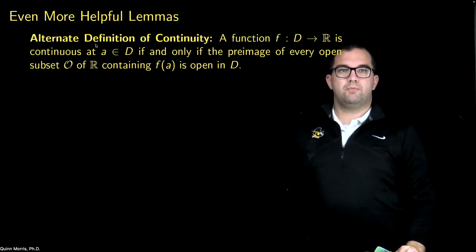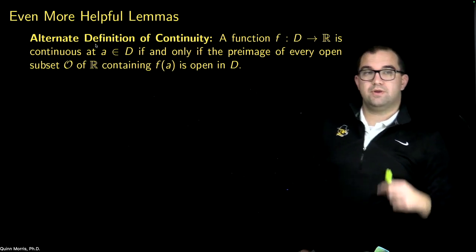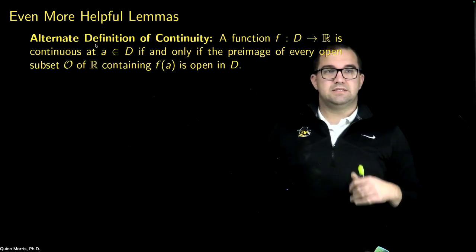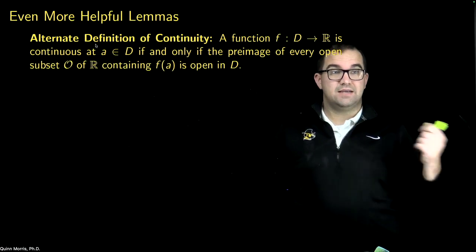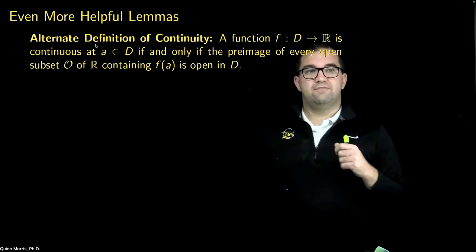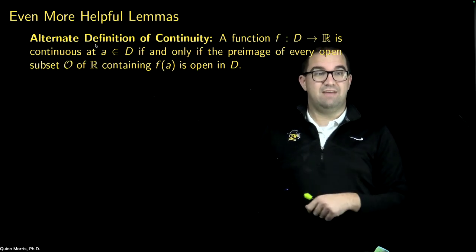Our first lemma will provide us with an alternate definition of continuity. So our current definition of continuity says that a function is continuous at a point a in the domain if a is an isolated point, or if the limit as x approaches a of f of x is equal to f of a.